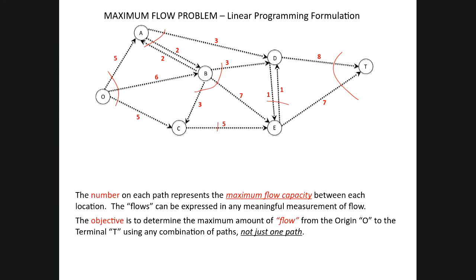Counted them all: 14 decision variables for our problem. Let me check that I've counted those correctly: 1, 2, 3, 4, 5, 6, 7, 8, 9, 10, 11, 12, 13, 14. I believe so. So we're using, again, any combination of paths.